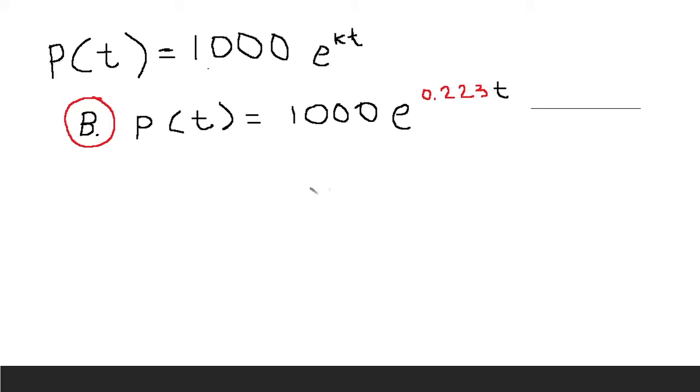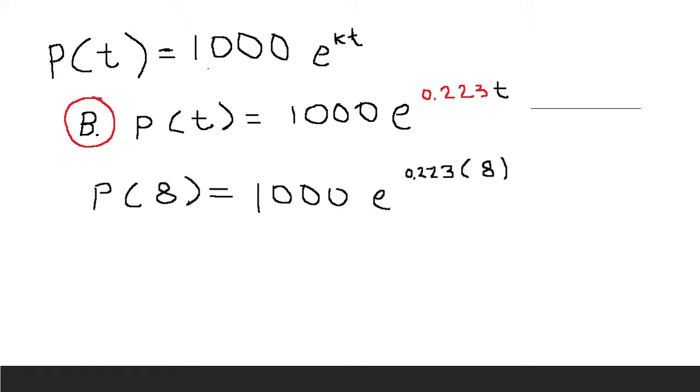The answer to part A, the relative growth rate, is the value of k, which is 0.223. So basically the population increases by 22% every year, compounding continuously. This formula is the general form of the compound interest type problems.